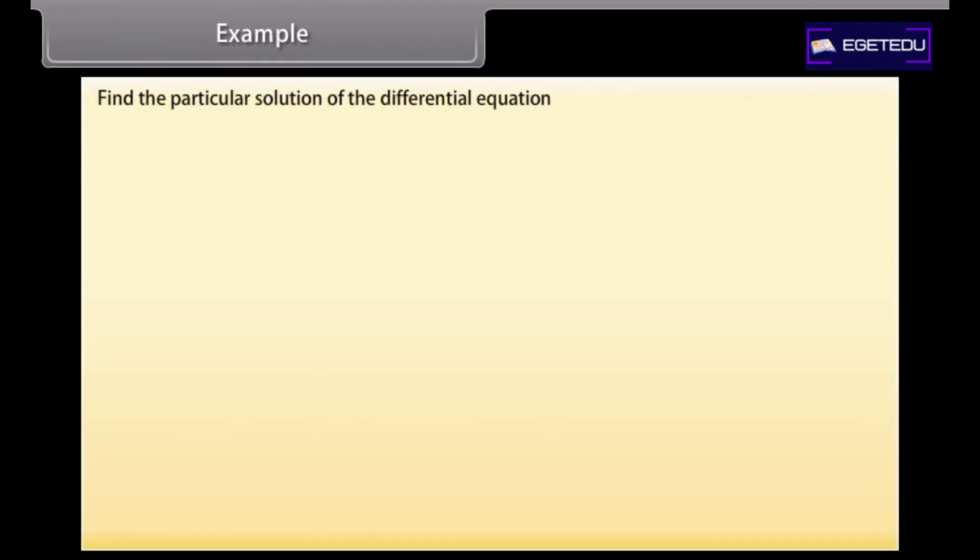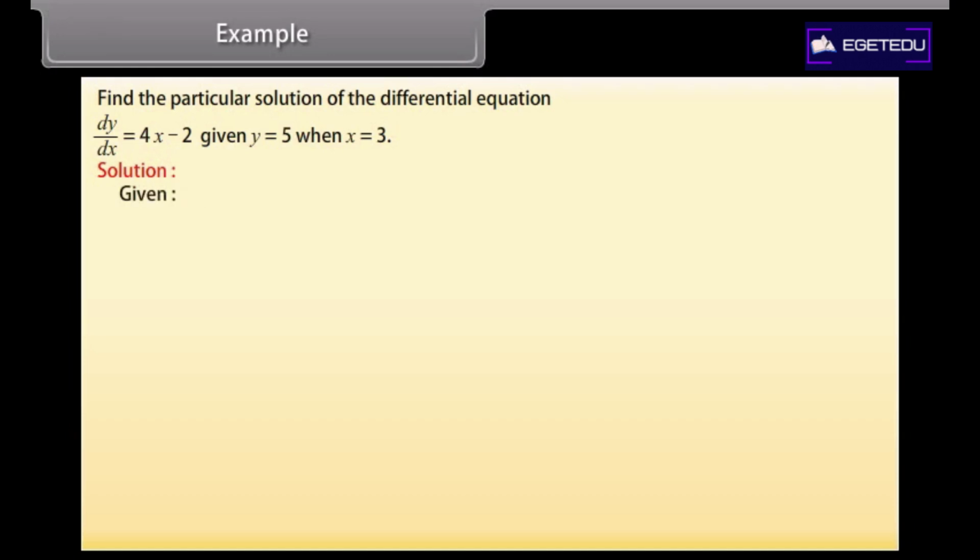Example. Find the particular solution of the differential equation dy by dx equals 4x minus 2 given y equals 5 when x equals 3. Solution.